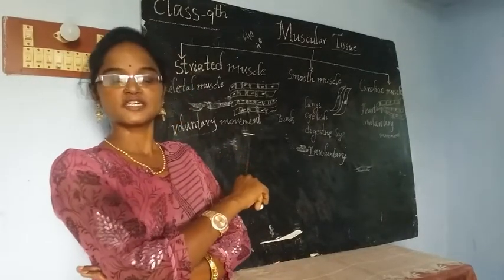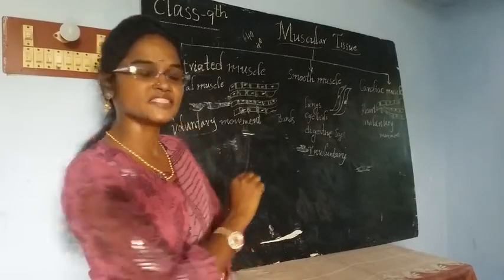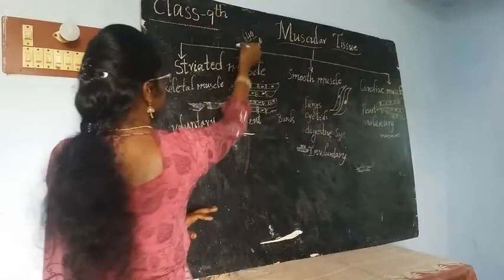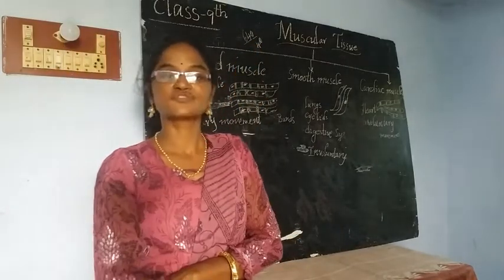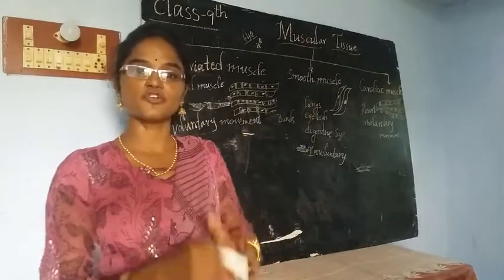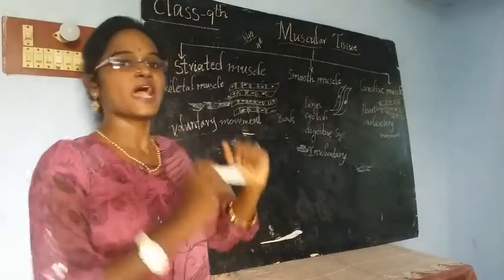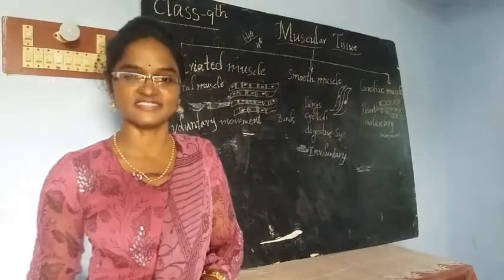If you observe the total structure of your body, about 640 striated muscles are present in our body. If you measure the weight of your body, about 40% of your body weight may be occupied by these striated muscles.